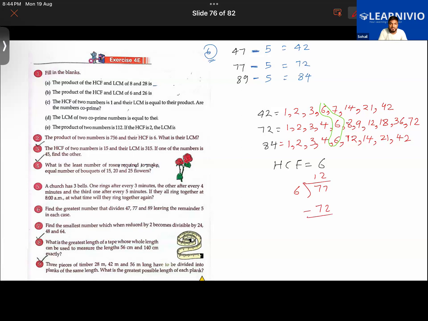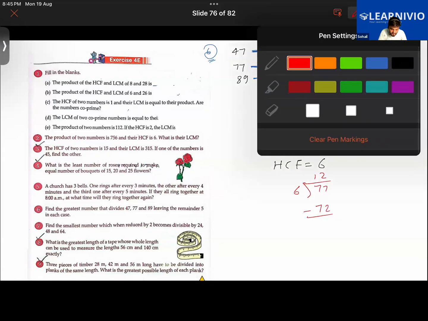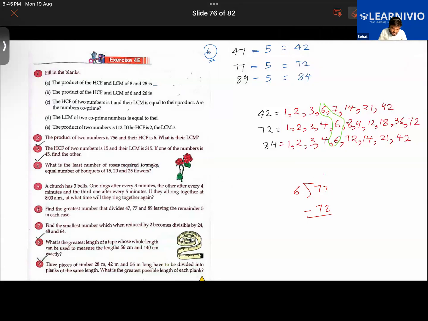How did you find that it's divisible by 6, and why did you subtract 5? Okay, see. First of all, how did we know that it is divisible by 6 and not any other number?